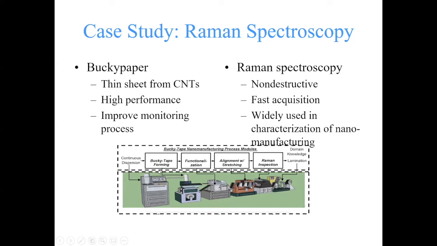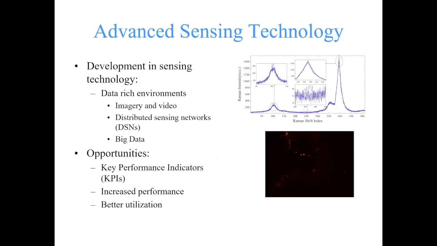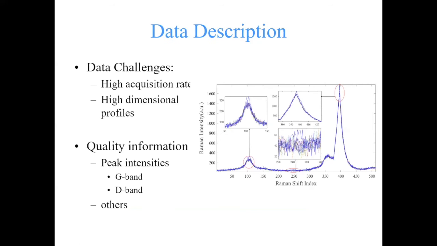One such method that is non-destructive, and it allows for fast acquisition of data, and it's widely used in nano manufacturing, is Raman spectroscopy, which produces these types of profile data. However, monitoring this type of data is very challenging because the acquisition rate is very high, which means that every second we get a lot of these profiles, and it's a high dimensional profile.